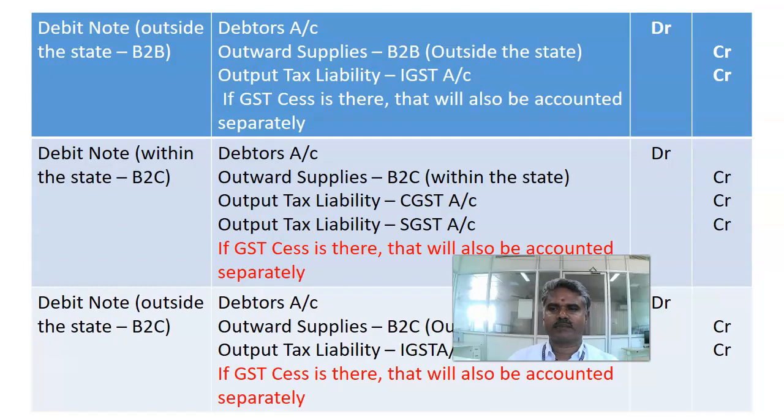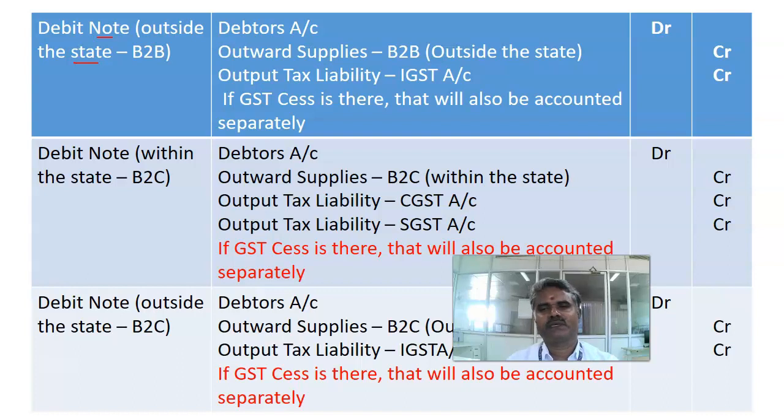Then debit note outside supply, same, but here you have to charge IGST. Already told you, you treat a debit note as a further sale, but it is not really a further sale. Already you sold, but you sent the invoice wrongly. You may quote a lesser quantity, a lesser amount, or a lesser tax. So these are the reasons to raise one more debit note.